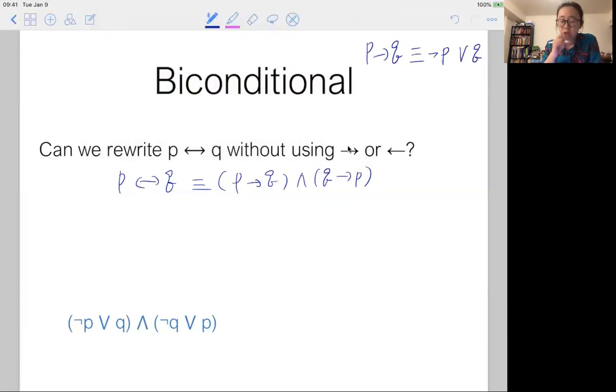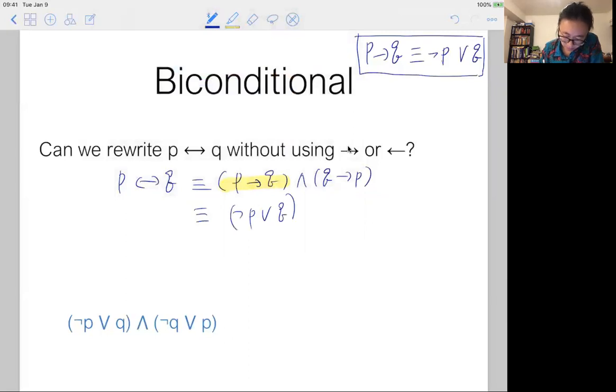Okay? So again, it would be an interesting take-home practice to prove to yourself that the left-hand side and right-hand side of this property are actually logically equivalent. Again, you can use a truth table. But if I do this, then I can replace the first term by not P or Q. In the second term, I apply the same rule I wrote in the upper right-hand corner.